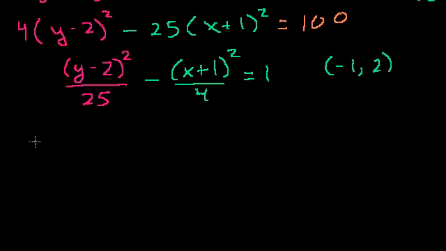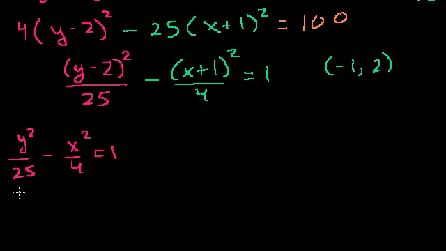This is the way I always do it, because I always forget the actual formula. If this was centered at 0, it would look something like this: y squared over 25 minus x squared over 4 is equal to 1. I do this to figure out what the asymptotes would have been if we were centered at 0, because it's a lot easier to deal with these equations than these. So we multiply both sides by, actually, let's multiply both sides by 25. We're kind of unwinding what we just did.